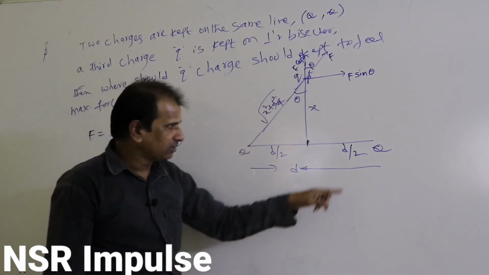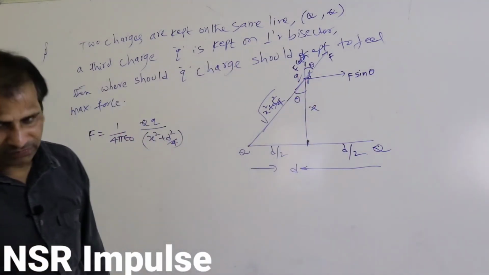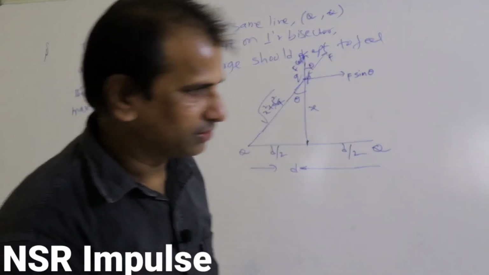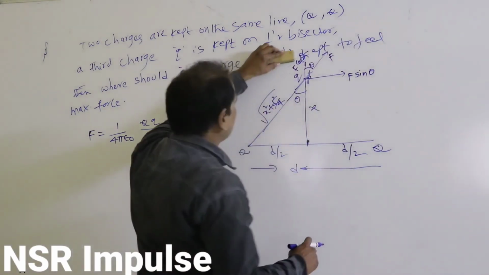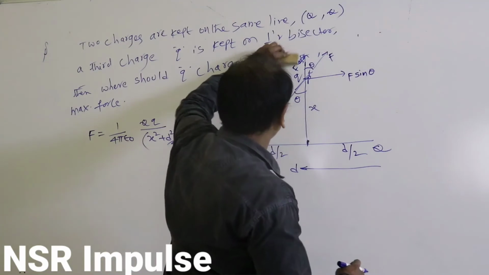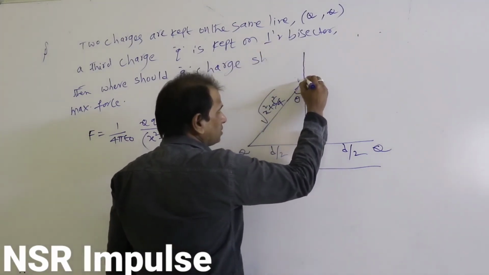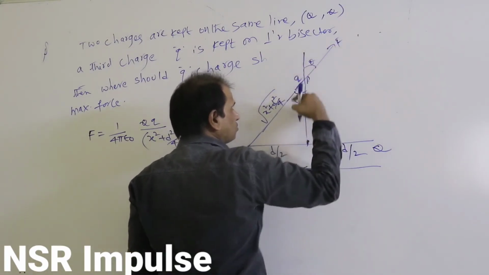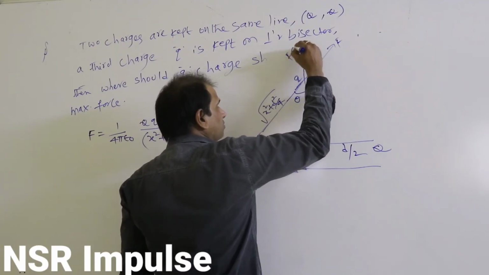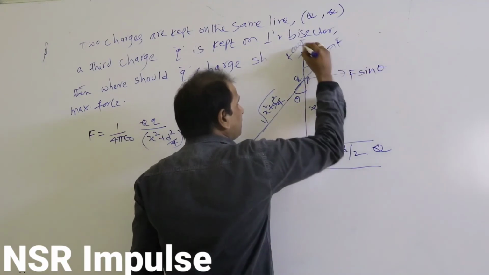So two components we have taken. And similarly, this charge Q applies force on this. Let us take this picture as this is P and Q, it is F, this is also theta, this becomes F cos theta, and this is F sin theta.